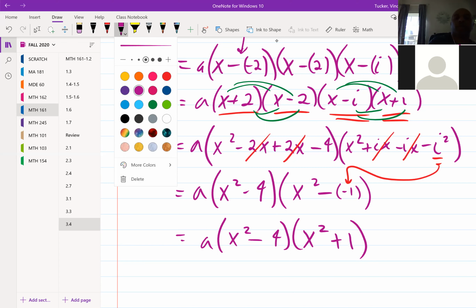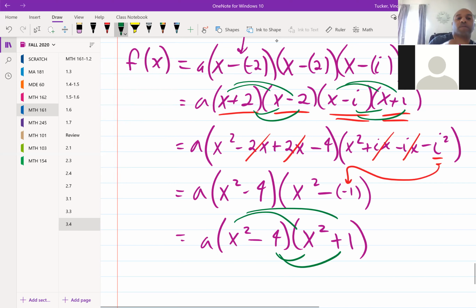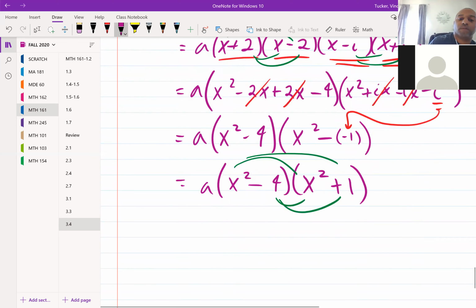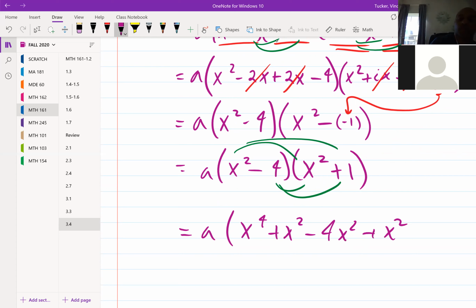Guess I'll stay with my green. All right, so it's going to be x to the 4th plus x squared minus 4x squared minus 4.